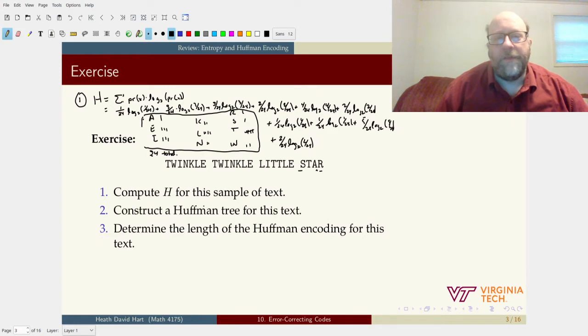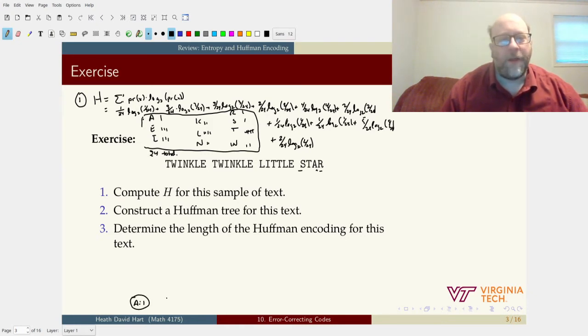The way that we start with the Huffman tree is we pick the 2 nodes with the smallest weights. Well, there are 3 nodes that are tied, and so we can break that tie arbitrarily. I'm just going to break them in alphabetical order. So I'll start with the A and the R.